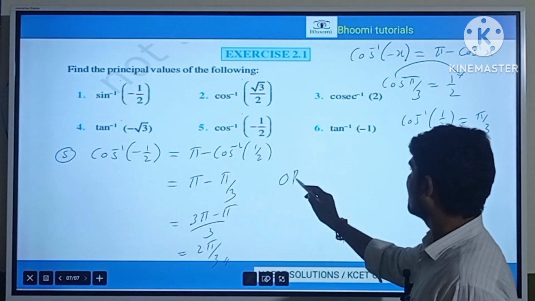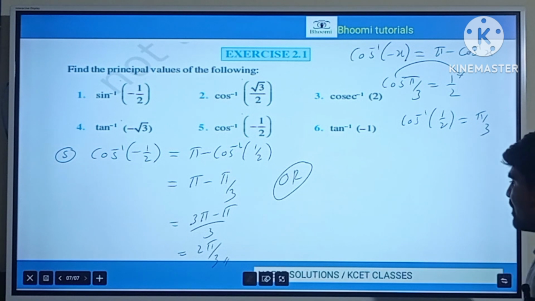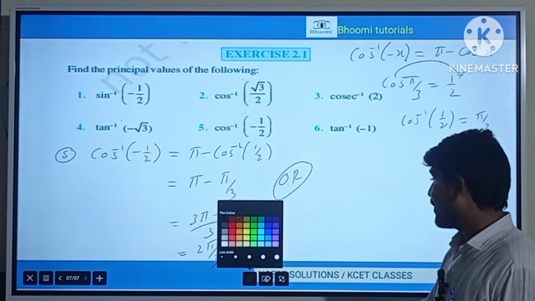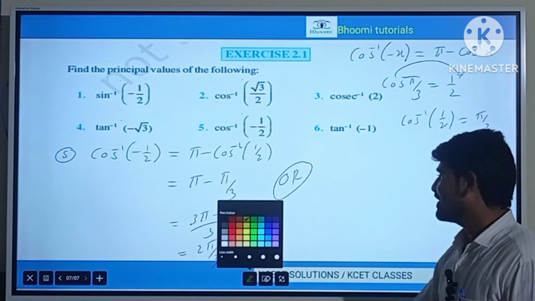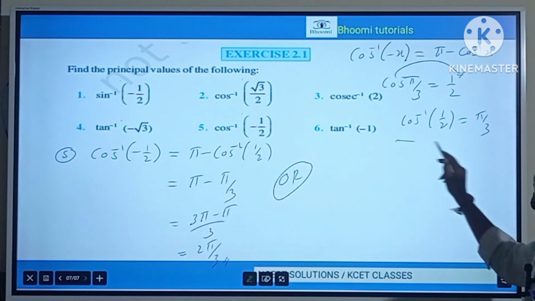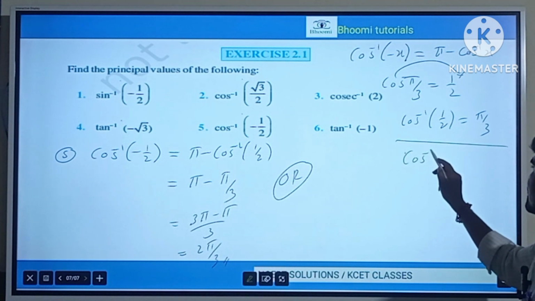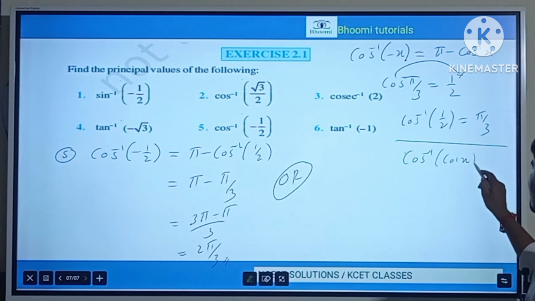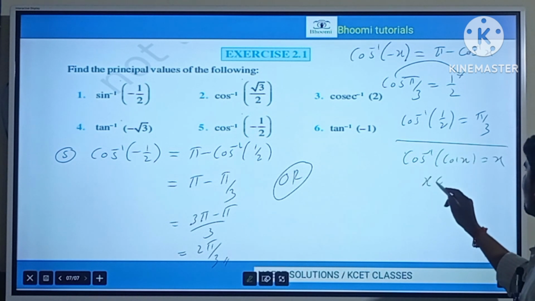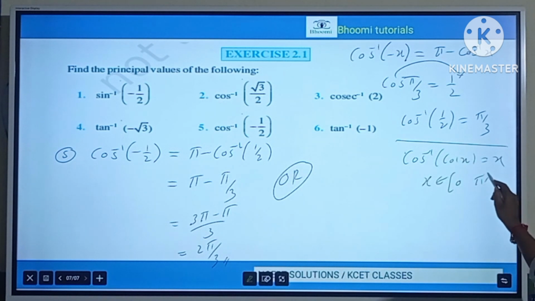Or this can also be solved by using one more property of inverse trigonometric functions. We know that cos inverse of cos x is equal to x for x belonging to 0 to pi.